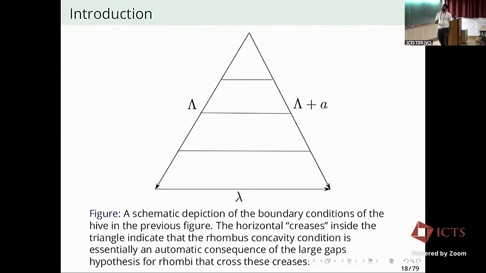So this is a schematic description of what the boundary conditions of the hive look like. So these large gaps correspond to these bends on the horizontal lines. And the rhombus concavity is essentially an automatic consequence of large gaps for rhombi that look like this. And for the other rhombi which look in the other two directions, the interlacing conditions take care of the rhombus inequality.